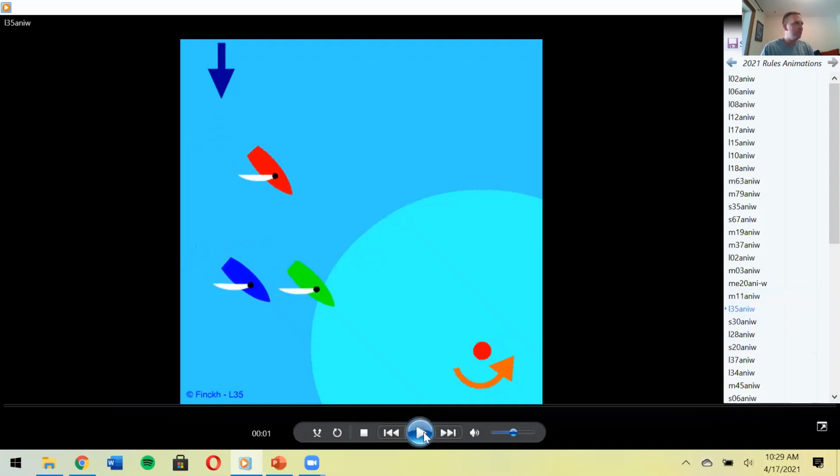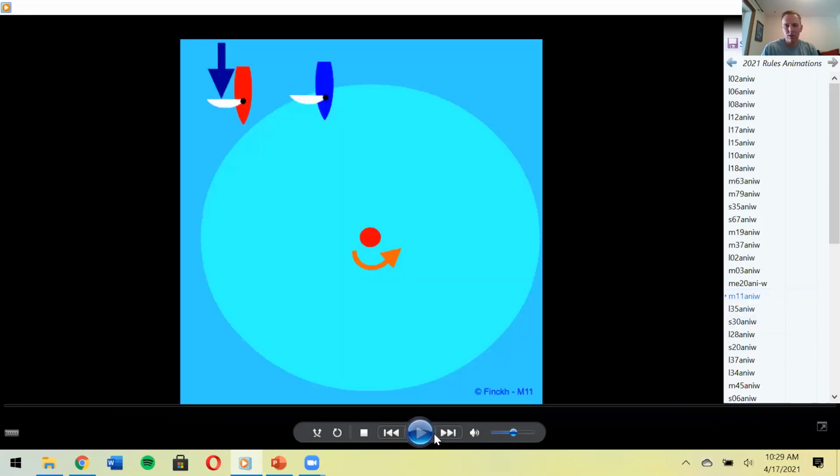Joe, I have a question. How perfect of a rounding does blue need to do? They need to do the seamanlike rounding is the definition, but that's a pretty general term. I would say as long as they're within a boat width from the mark, they're probably okay.